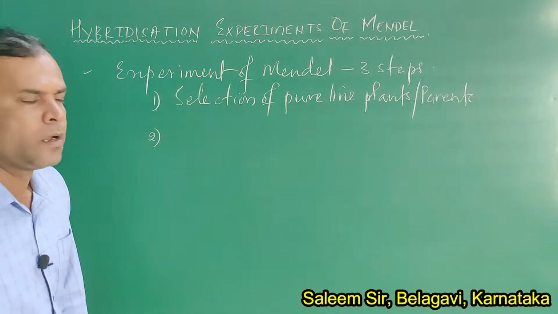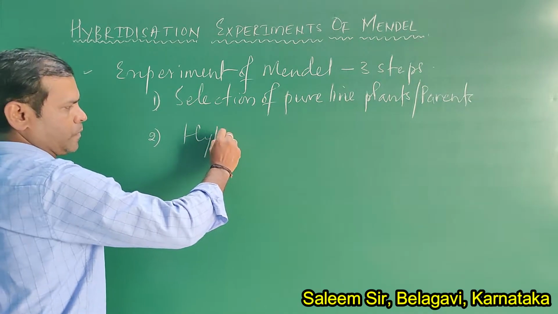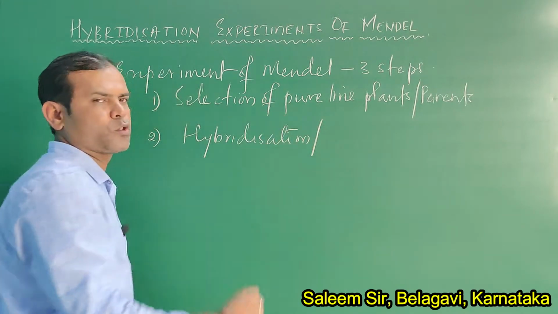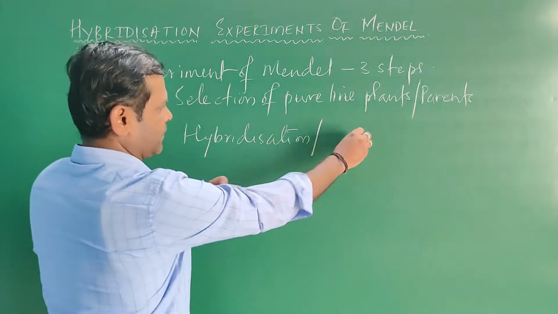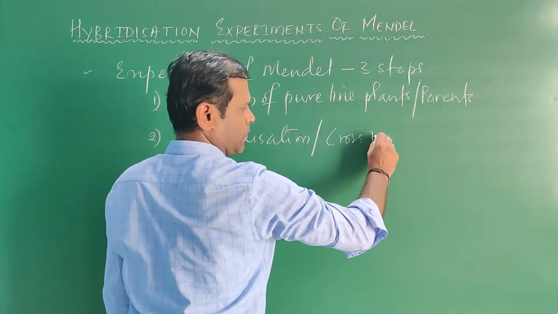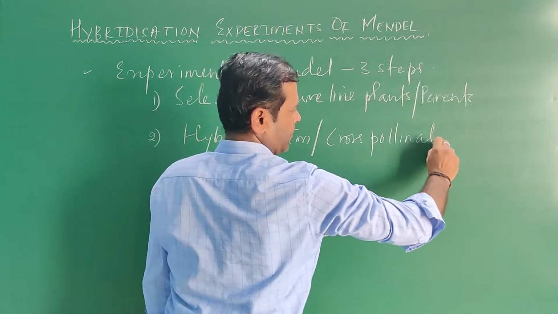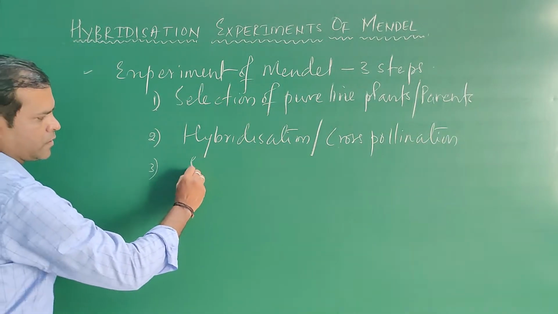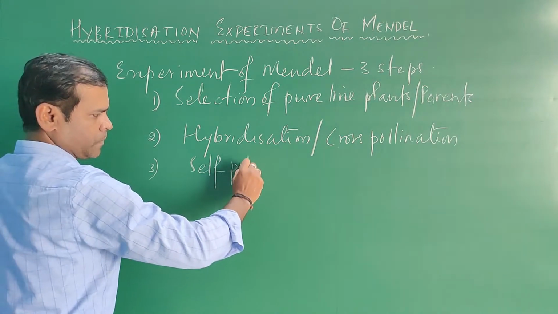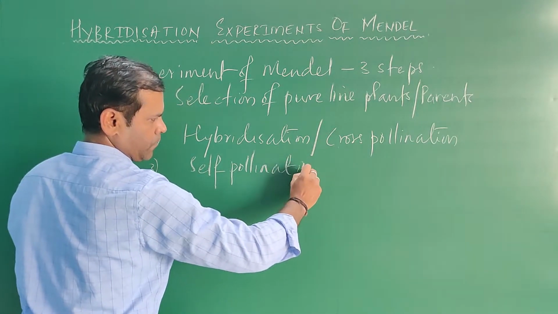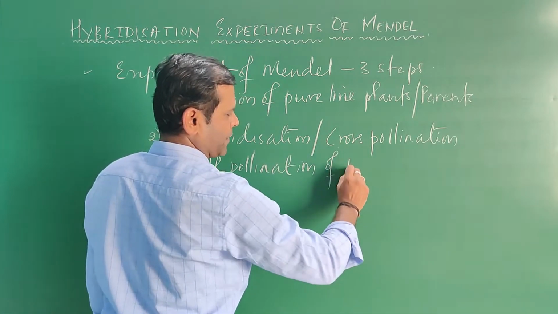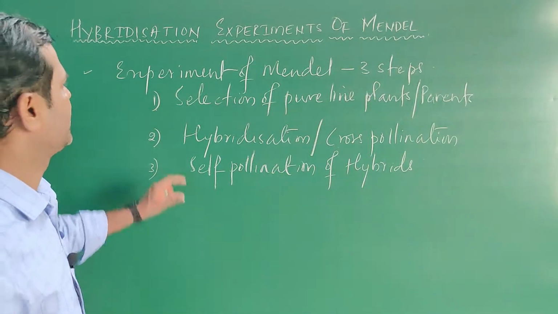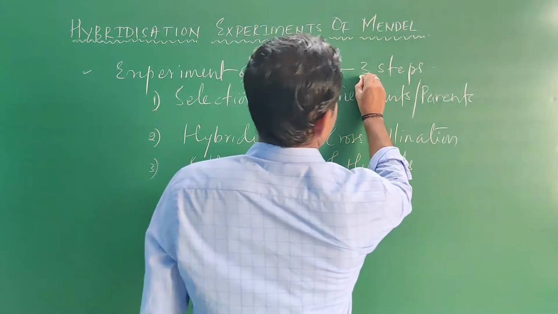Second, hybridization, also known as cross-pollination. The third one is self-pollination of hybrids. So the experiment mainly includes 3 steps.